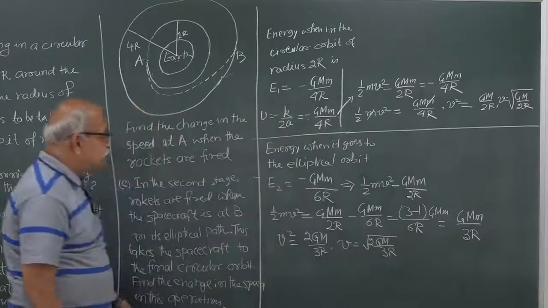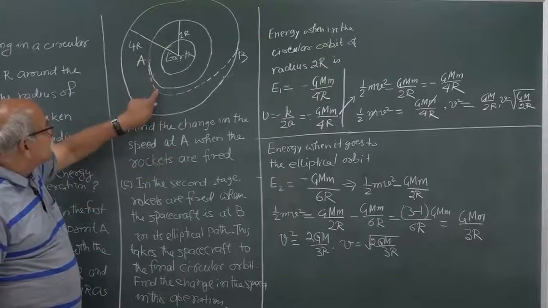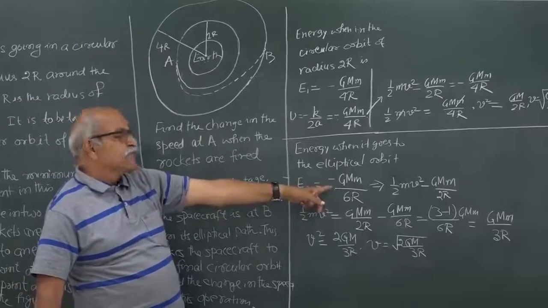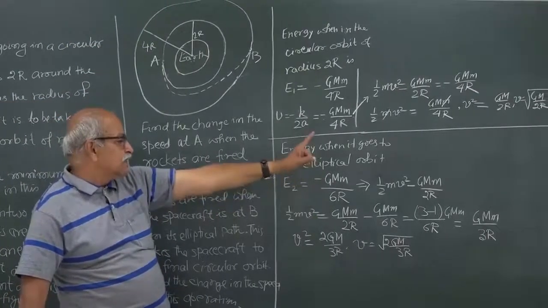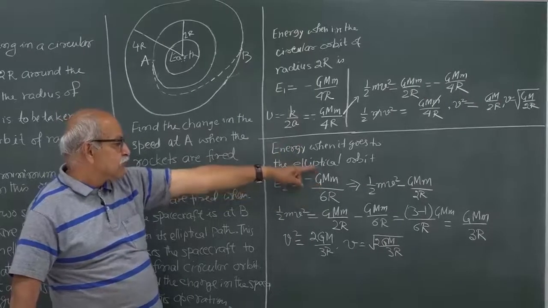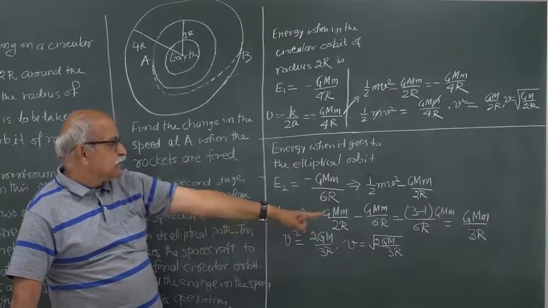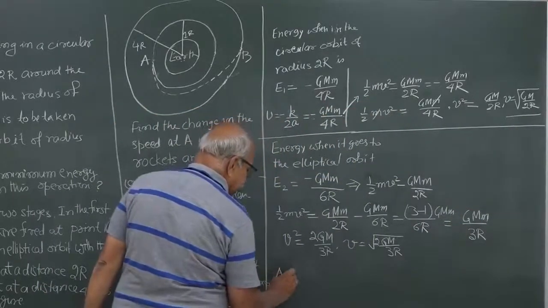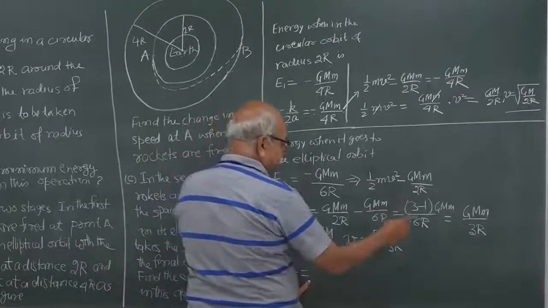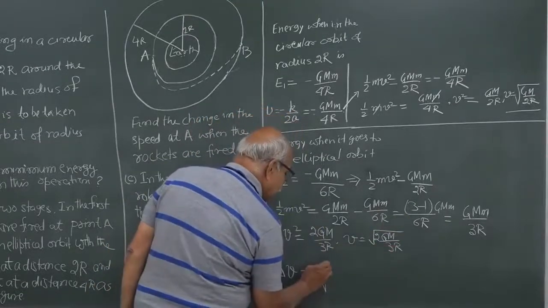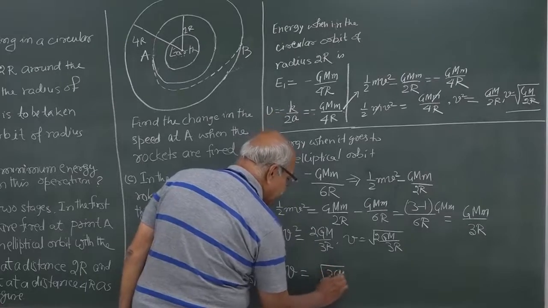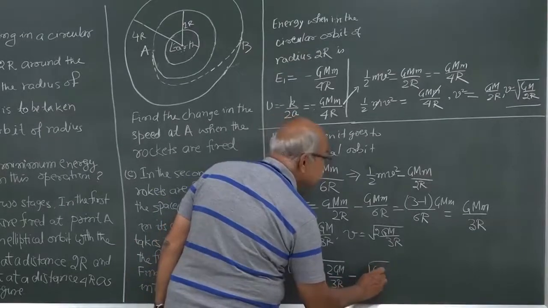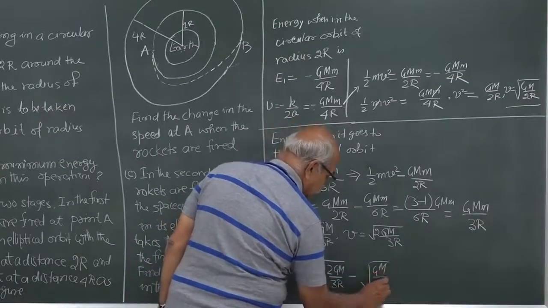So when the rockets are fired and it goes into the elliptical orbit, the energy is increased, and the new energy is given by the sum of kinetic energy and potential energy, and from there you can calculate that the new speed should be this. The old speed was here, and therefore the change in speed is equal to square root of 2GM over 3r, minus square root of GM over 2r.